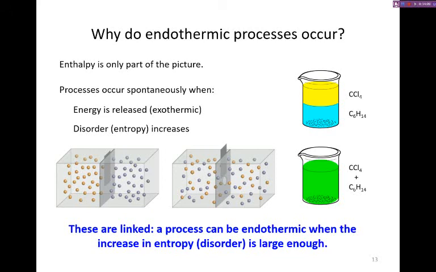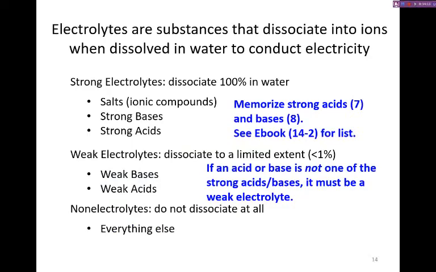Let's now turn our time to electrolytes. Electrolytes are substances that dissociate into ions when dissolved in water, and they conduct electricity. We have three types of electrolytes: strong, weak, and non-electrolytes.